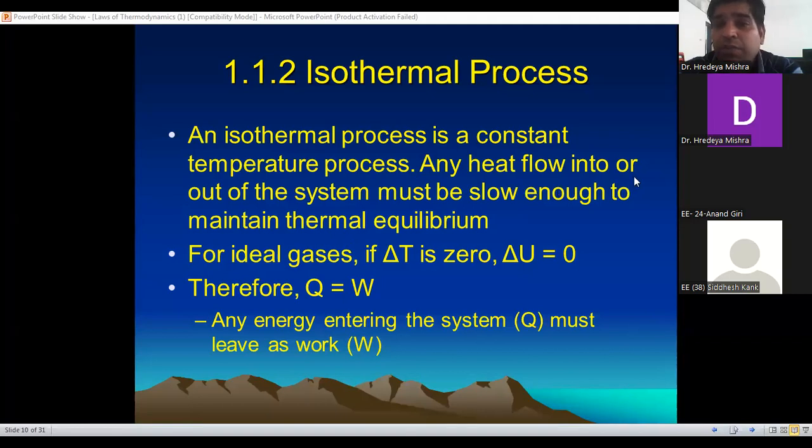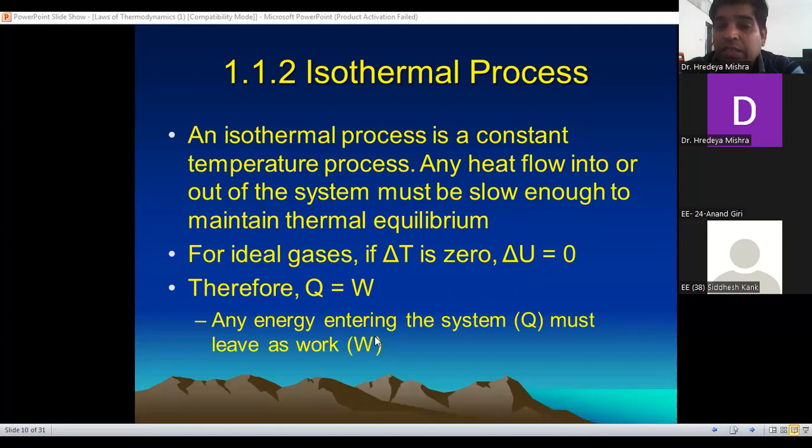Okay, any heat flow into or out of the system must be enough to maintain thermal equilibrium. For example, for an ideal gas, if delta T is zero, delta U equals zero, therefore whatever heat is transferred is the work done.